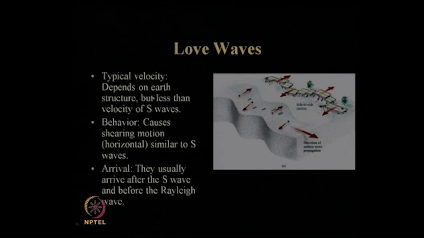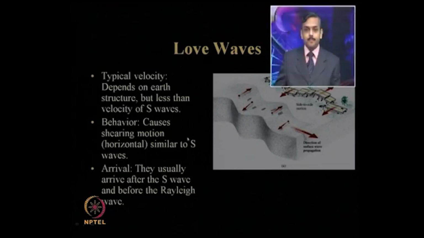So, you can say it is something in between, a little less than the shear wave velocity to a little more than 0.9 times the shear wave velocity. That is the range. You can see the velocities of shear wave, Love wave and Rayleigh wave are pretty close to each other. Its behavior causes shearing motion, that is horizontal, similar to the S wave, and it usually arrives on the seismograph after the shear wave, but before the Rayleigh wave.